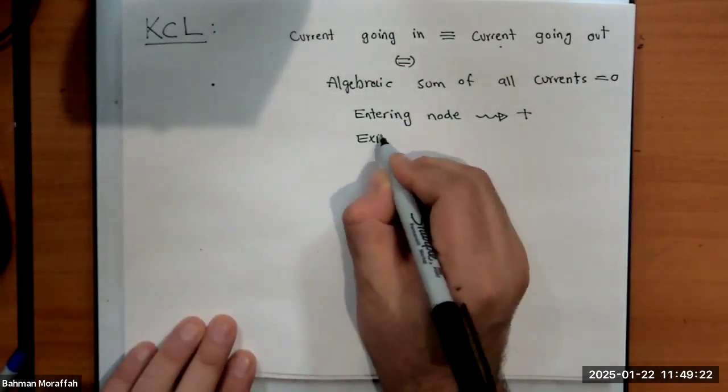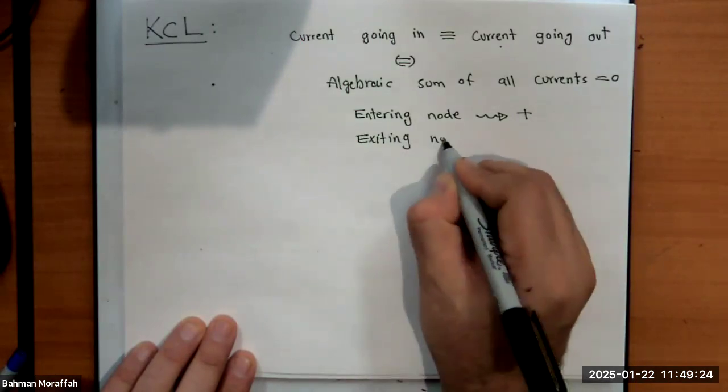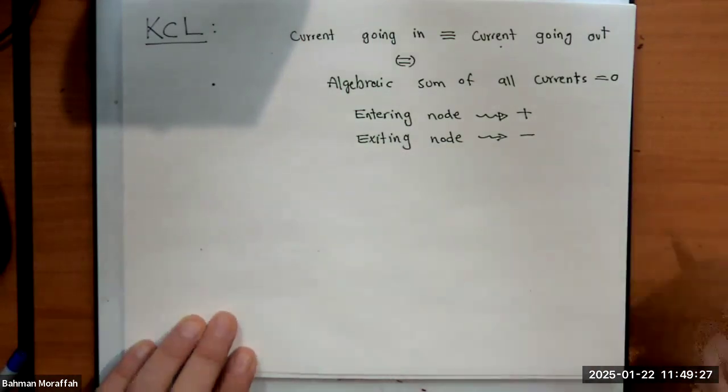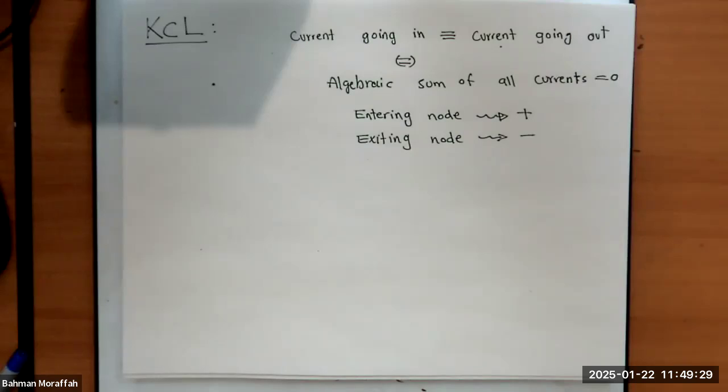If we're exiting a node, let's think of it as negative. Again, this is our convention. It could be the other way around. It does not matter. In a second, I'm going to show you why it doesn't matter. But we're going to stick to this.